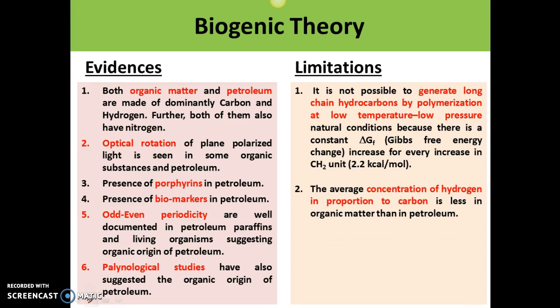Next, the average concentration of hydrogen in proportion to carbon is less in organic matter than in petroleum. Okay, because of the difference in the hydrogen to carbon ratio in organic matter and petroleum, this ratio has been found more abundant in petroleum than in the original organic matter of that particular petroleum itself.